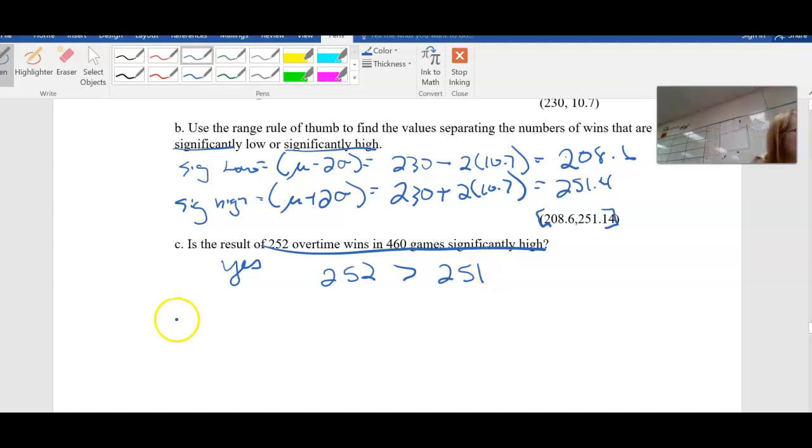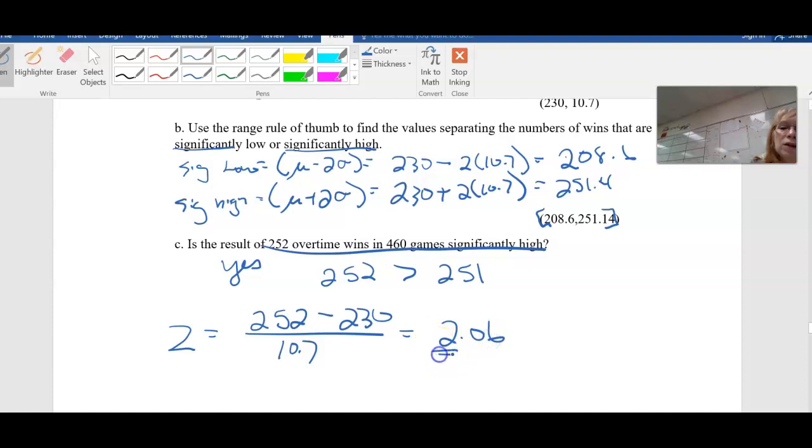If we wanted to calculate the exact z-score, we would take 252 minus our mean divided by our standard deviation, and our z-score would have been 2.06. So it's 0.06 above 2 standard deviations of the mean. So it's barely significantly high, but it is significantly high. All right, good luck. I hope you do well on your homework.